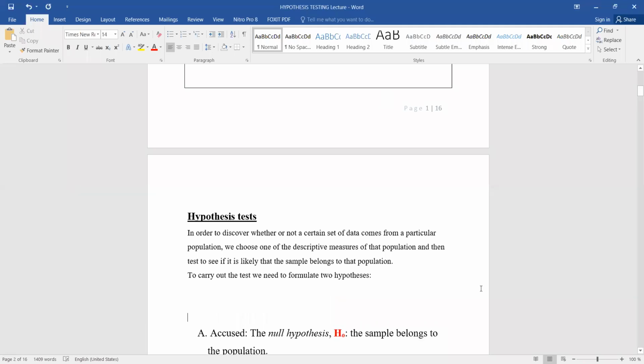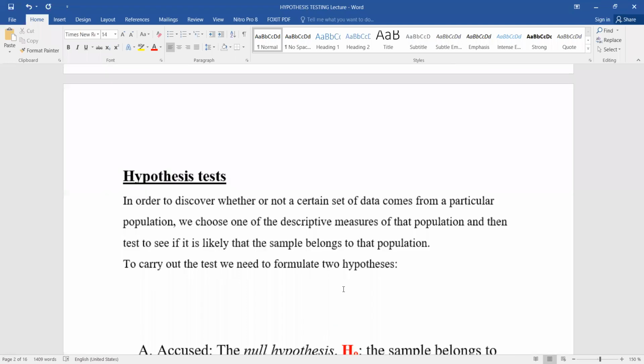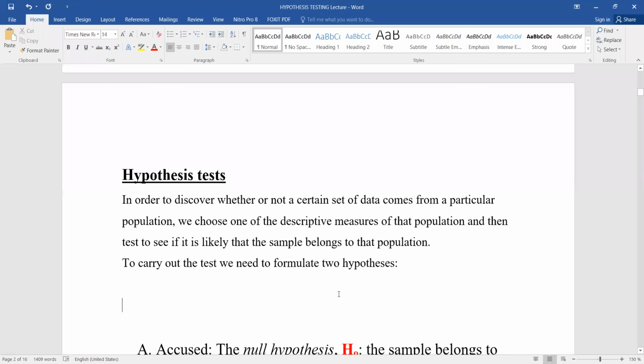Now, hypothesis testing works like the following analogy. I believe most of you know what happens when somebody has been accused of a criminal case. When we have situations of criminal cases, you'll have at the topmost what we call the judge.